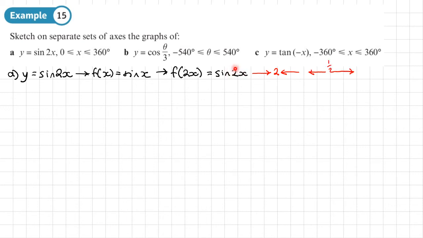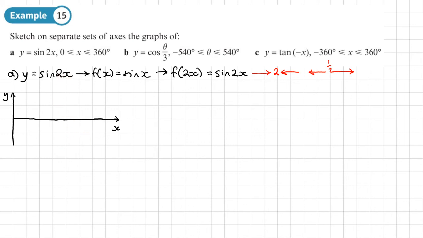I like to think of it as squashing by a factor of 2 in the x direction. Okay, now what I like to think of this like is like a spring. Think of the graph of sine x. So it goes up and down. It looks a bit like a spring, and that spring gets squashed by a factor of 2. You're going to have twice as many of these troughs and peaks in sine 2x.